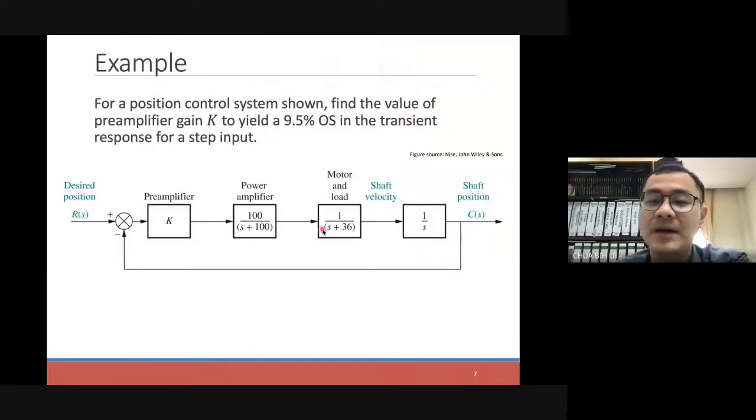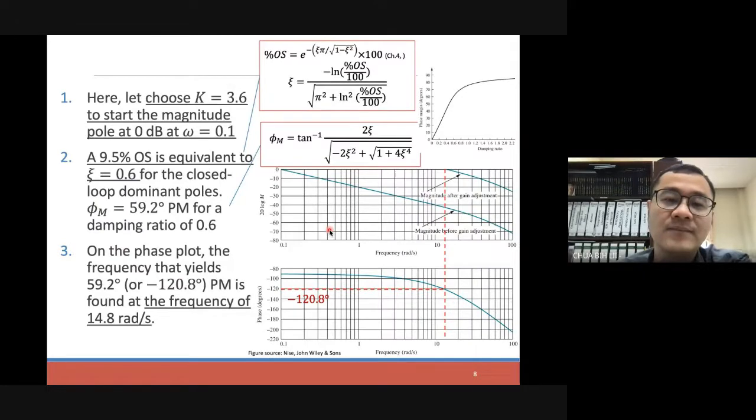You can somehow normalize it, without the K, or use any values that you prefer. So here we choose 3.6, and it will start with 0 dB at omega 0.1. This would be the original line, but this is just a K value that we assume, so not necessarily the correct one.